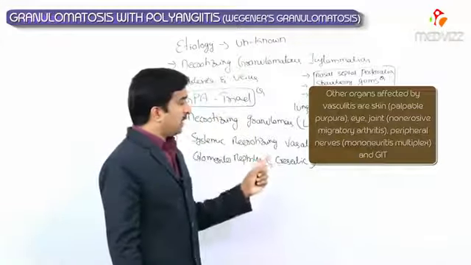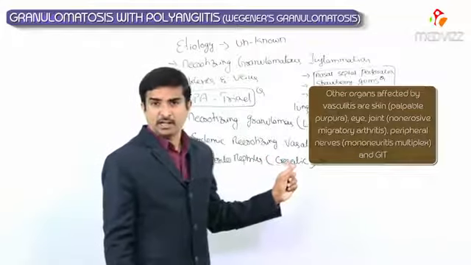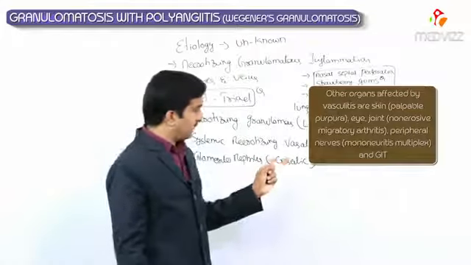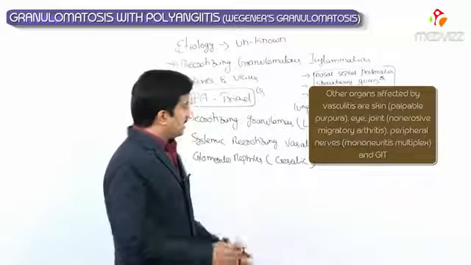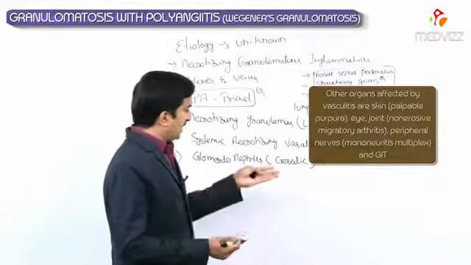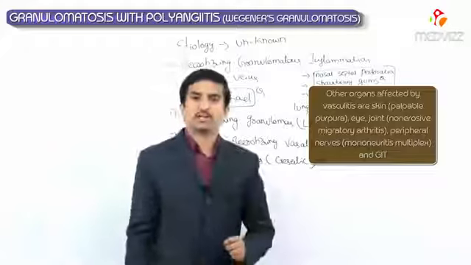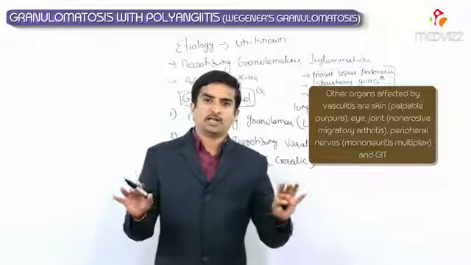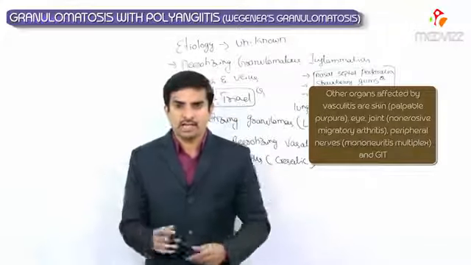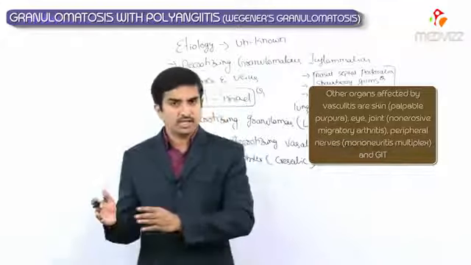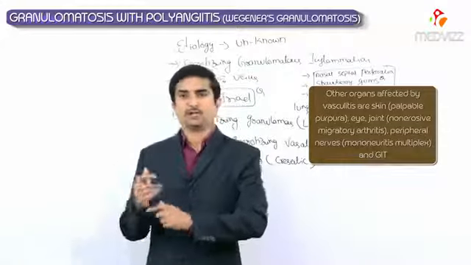Peripheral nerve involvement can also be seen, but it is extremely rare, in the form of mononeuritis multiplex. And in the least number of cases, we can also see gastrointestinal tract involvement. All other anatomical areas can be involved, but in severe forms, in the later course of the disease.